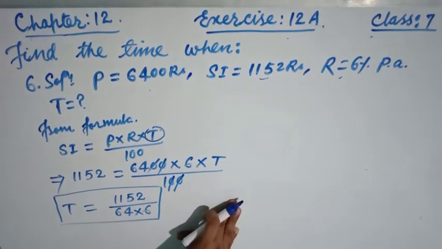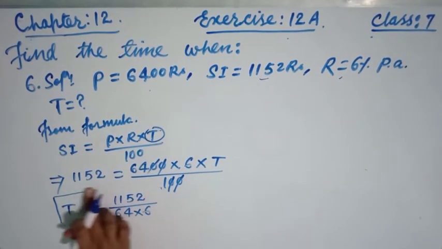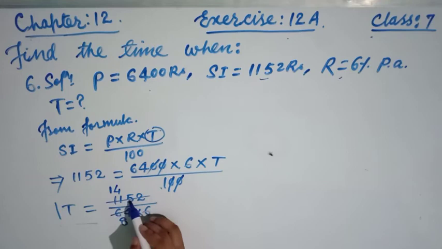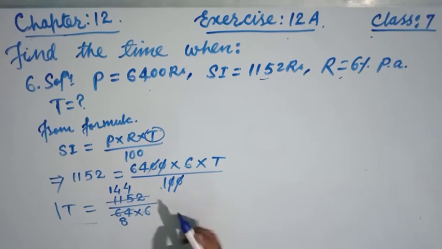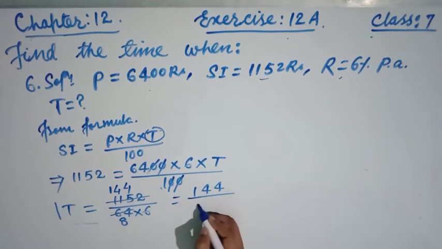Now see, friends, this number will get cancelled by 8. 8 ones are 8, 8 threes are 24, so 1152 becomes 144, and 8 eights are 64, so 64 becomes 8. Now 144 divided by 8 multiplied by 6.